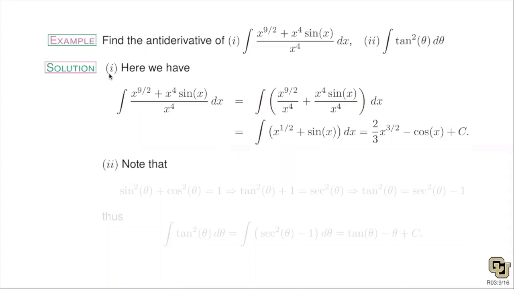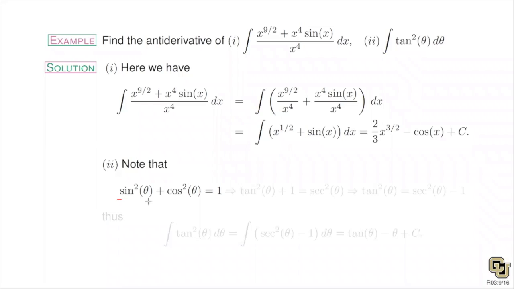For the second problem, it looks very difficult, but if we manipulate it with some trig identities, it becomes really straightforward. If you don't know the identity for tangent squared, that's fine, but you should always know sine squared plus cosine squared equals 1. If you know that, then you can find all the other identities.